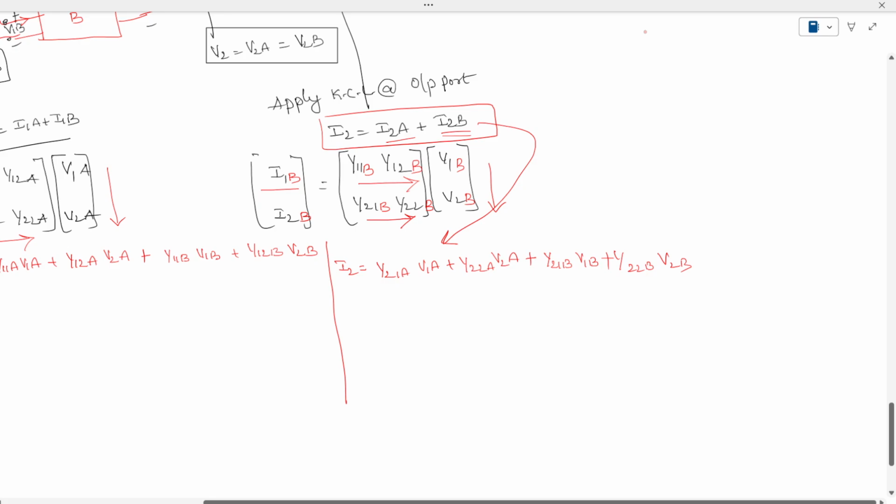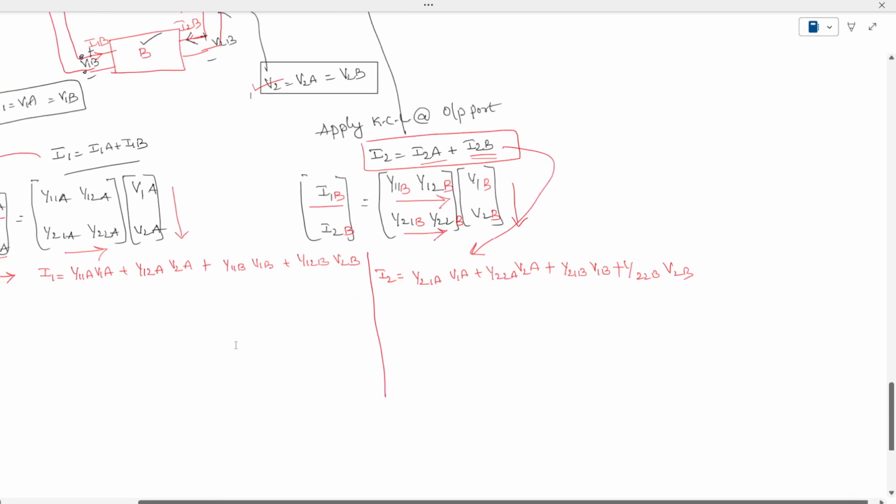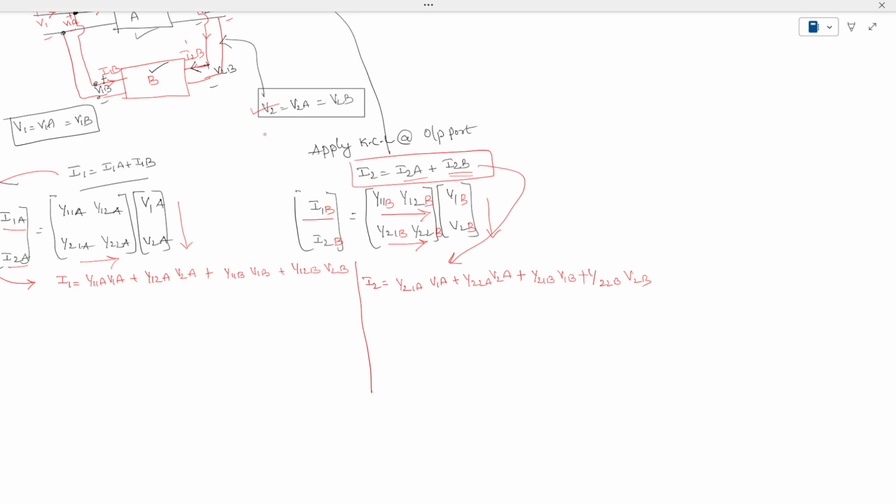Already we are very clear that V2 is equal to V2A equal to V2B, and V1A equal to V1B equal to V1. So substitute this V1A and V2A.